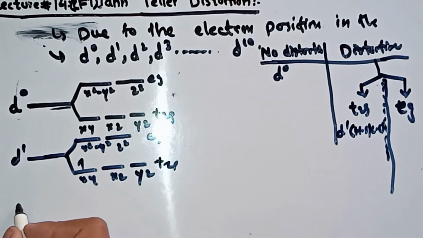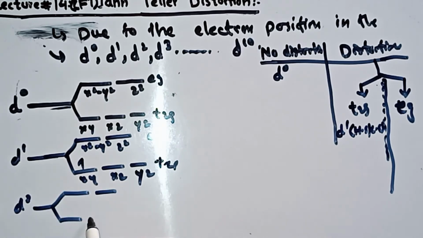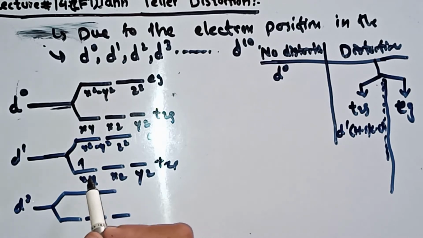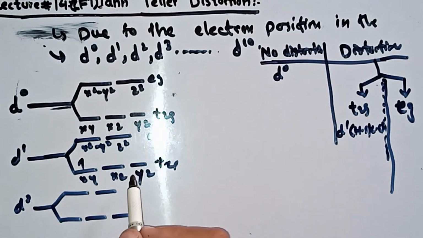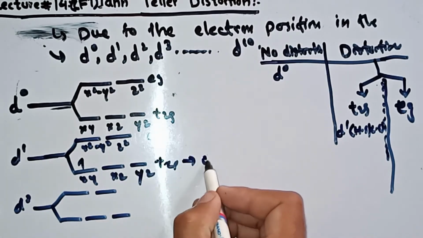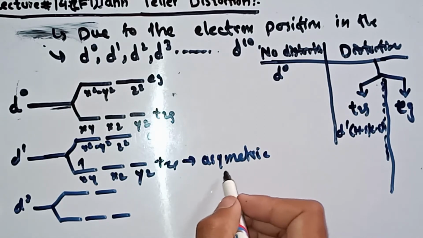What will the position be in the d2 system? In the d2 system, the position will be like this. Here t2g distortion occurs because xy has one electron, while xz and yz have no electron. So that's why this is an asymmetric arrangement, an asymmetric electronic cloud.